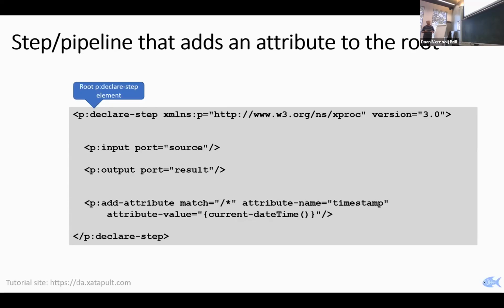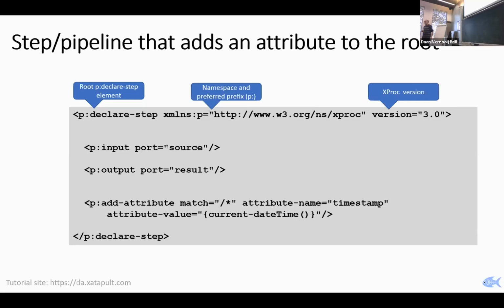The first thing is that an XProc pipeline starts with p:declare-step. As already said, step and pipeline are interchangeable subjects. So there is no p:pipeline, it's p:declare-step. We declare a step. We have a namespace for XProc and preferred prefix p.